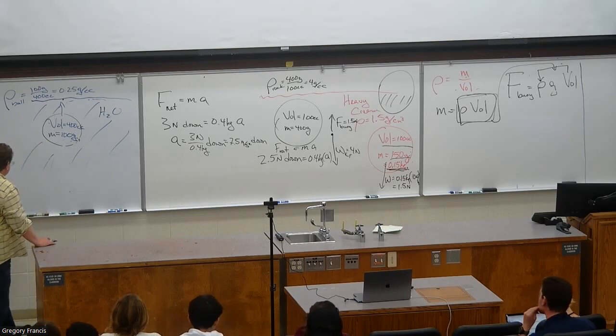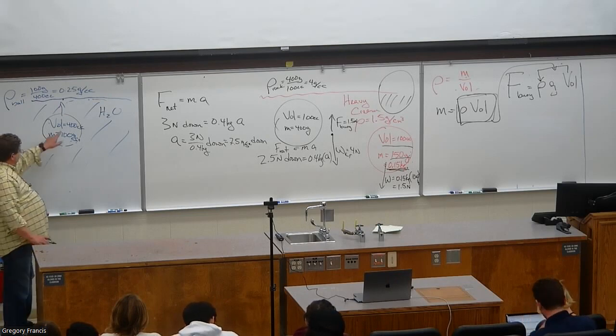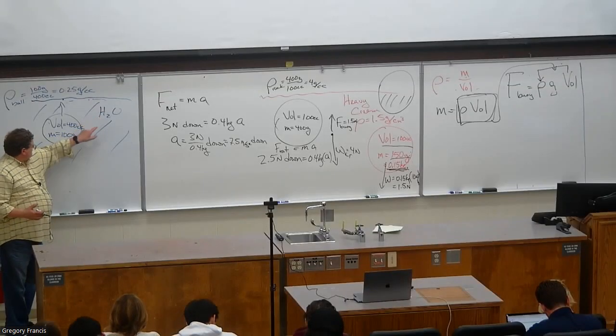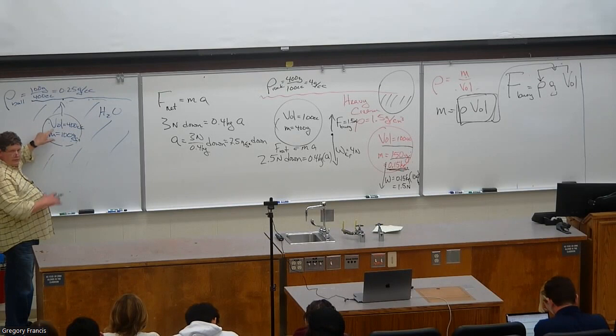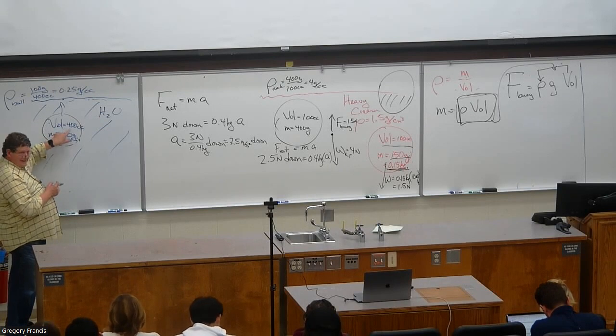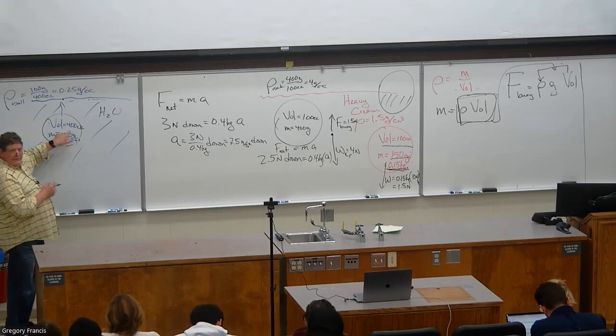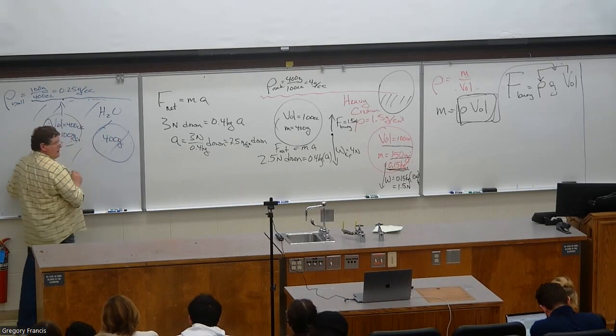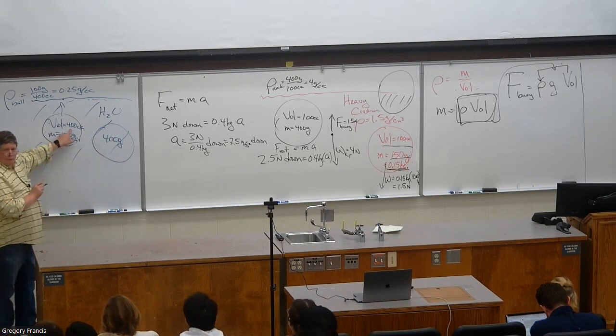Well, how big is the buoyant force on that? Well, let's do the steps. Because this is water and because it's completely submerged, I look at the volume and I say I'm displacing that many cc's of water. That means I'm displacing 400 grams of water because it's 1 for 1.